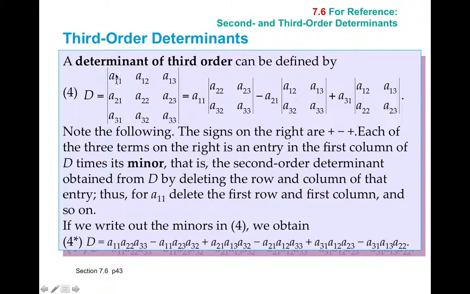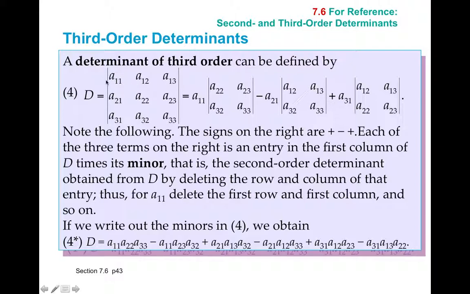So basically we take this column, we're going to take A11, A21, and A31 in sequence. The way this works is the first row, first column has a positive sign associated with its coefficient. Second row, first column will have a negative sign. Third row, first column will have a positive sign.